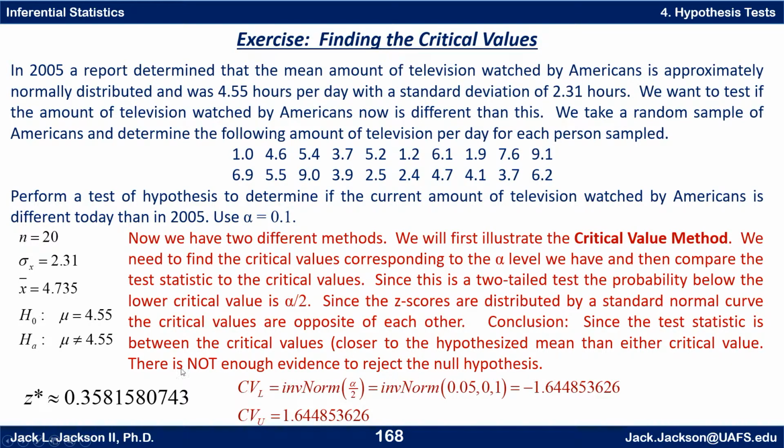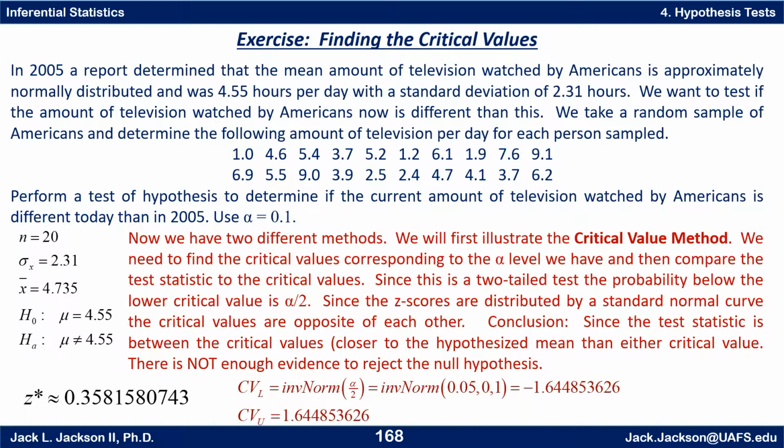Okay, so let's figure that out. We can do that with the inverse norm. So that's just an inverse norm of alpha over 2. Alpha over 2 is 0.05, and that is a standard normal, 0, 1 there: 0 mean, standard deviation 1. When you do that inverse norm, you get negative 1.644. The upper critical value is just the opposite of that, since this is talking about z-scores, which are centered on the mean of 0.